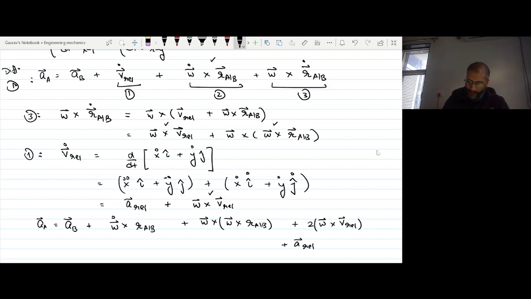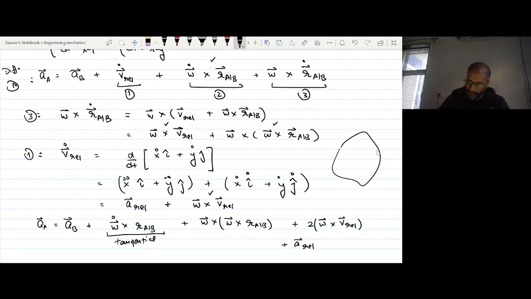So there are lots of terms here. Let's understand what they are. This omega dot cross RAB is because of the tangential acceleration. So that's the tangential term. You can also visualize the directions of these terms.